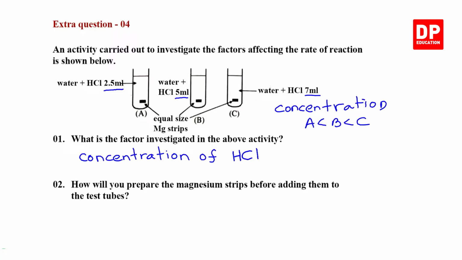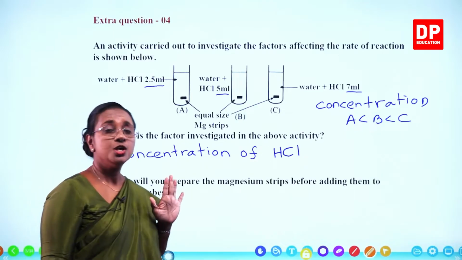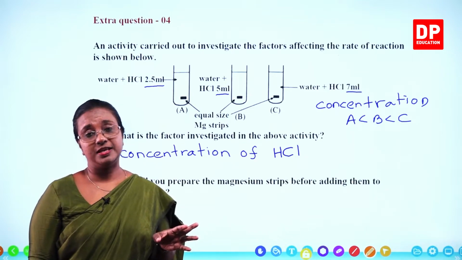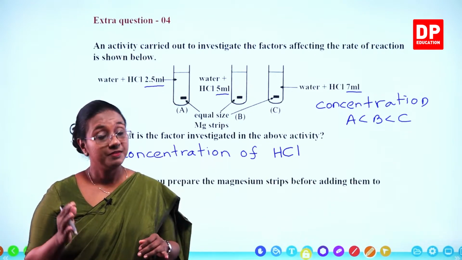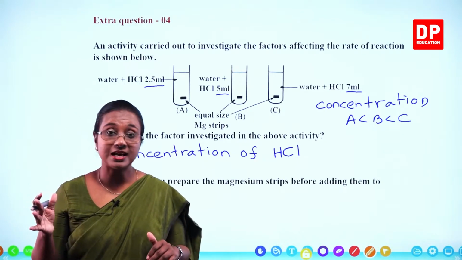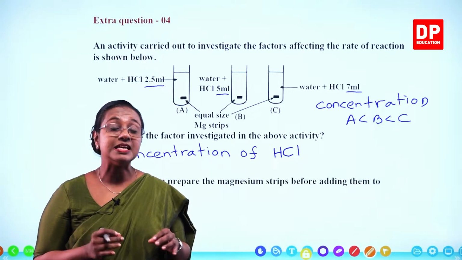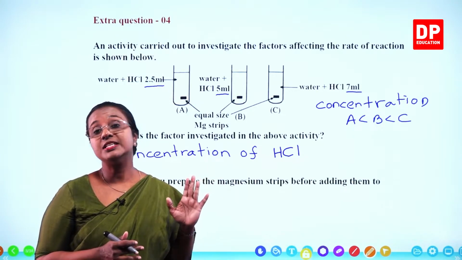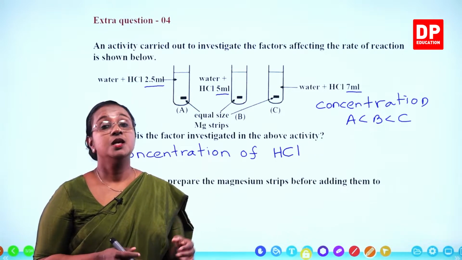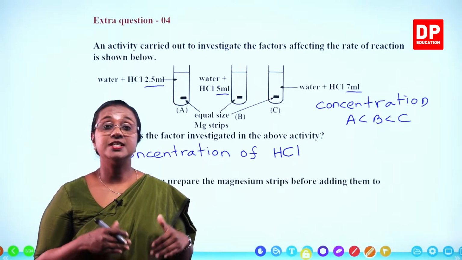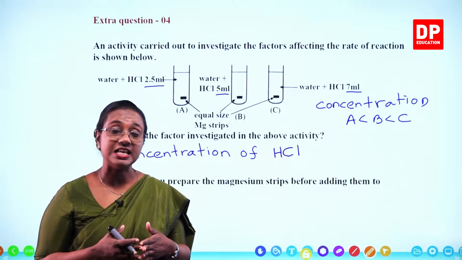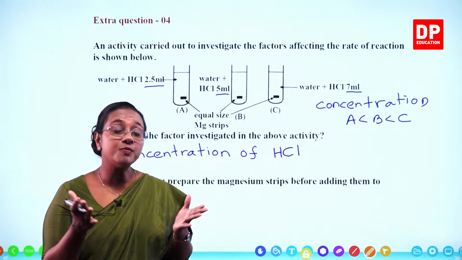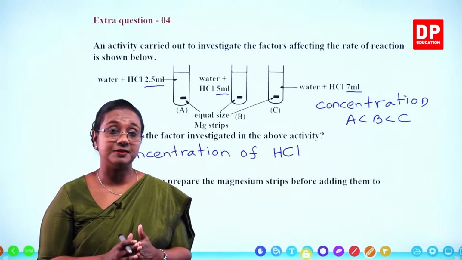How will you prepare the magnesium strips before adding them to the test tubes? So why do you need to prepare the magnesium strips? We have seen that and we have discussed that. Magnesium reacts with oxygen in the atmosphere. So when it reacts with oxygen, a magnesium oxide layer is formed around the magnesium metal.